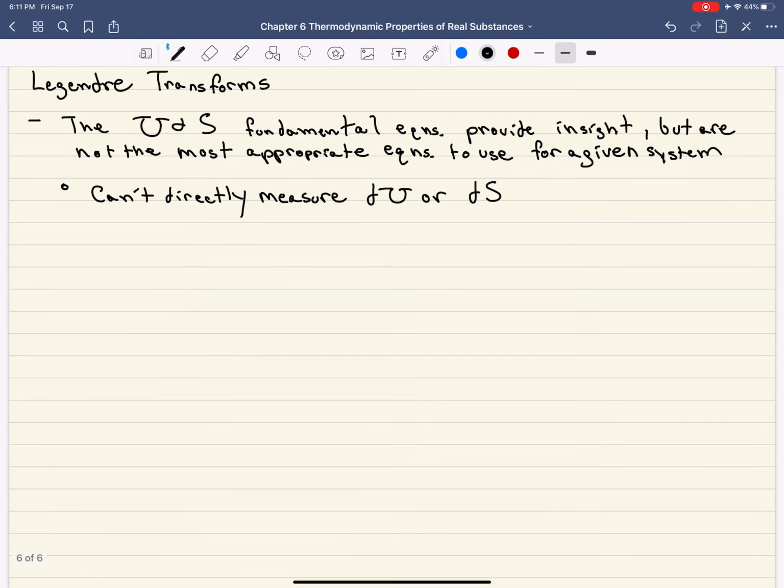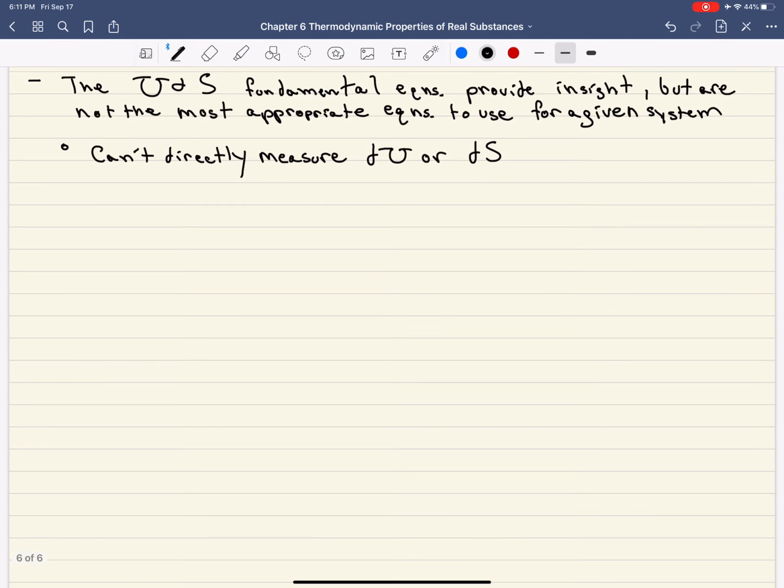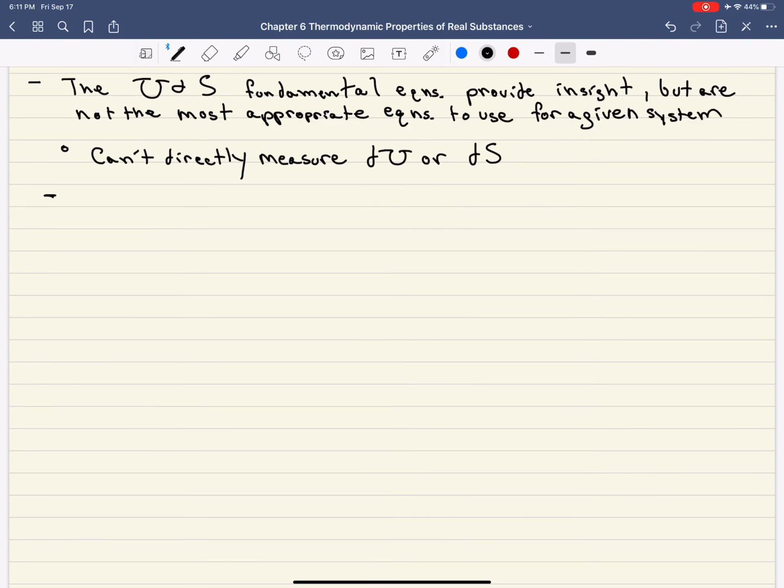And so what we can do is instead transform our fundamental equations for U and S into other variables that are more useful. Okay?